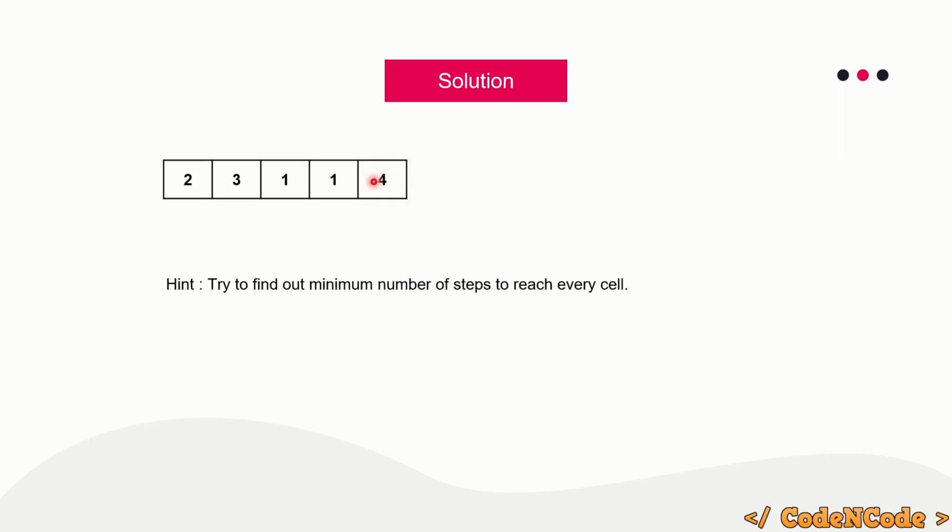But what I'm telling you is to try to formulate a solution such that you find the minimum number of steps to reach every single cell, because that will help you build the overall solution. You'll find this kind of pattern in many DP problems. So just go ahead and try this. Try to find out the minimum number of steps to reach every single cell.